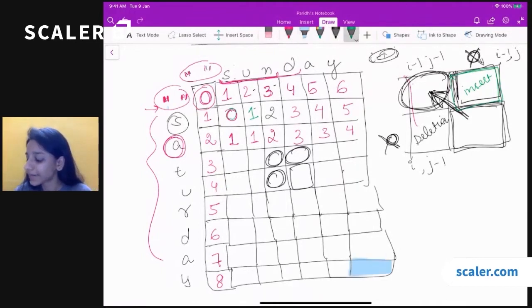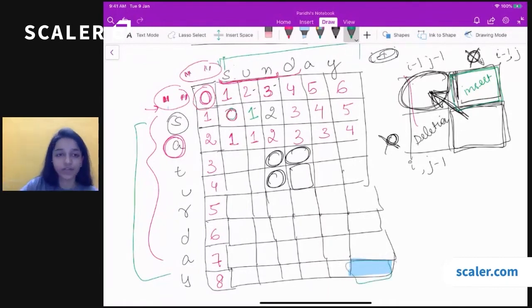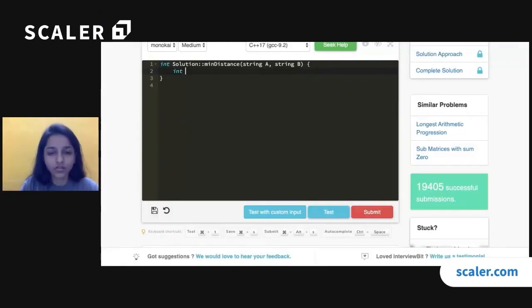Because ultimately we are considering the complete string. A single cell tells us the number of jumps up to that particular position. The last cell will tell us the final result, so we will return the last cell. Let's store the string lengths in some variables: m is equal to a.length and n is equal to b.length.